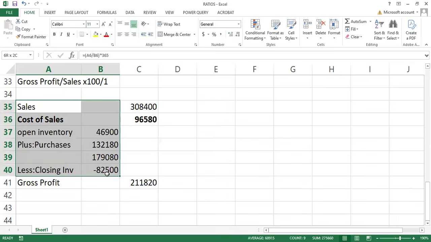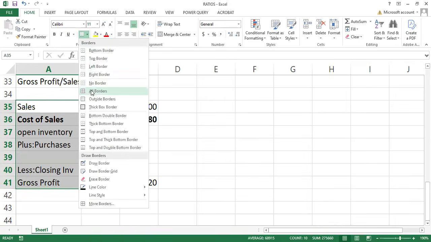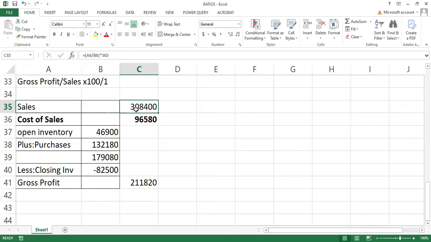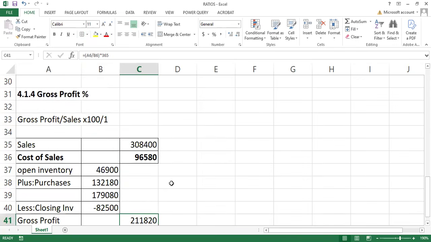But it's not what we are looking for now because they want a percentage. So how are we going to make it a percentage? What you can do if you want, you can even do it there on top, they will mark it.